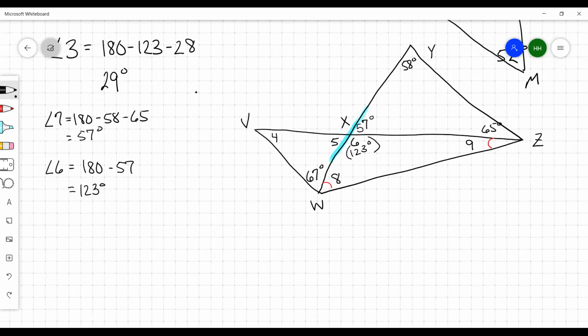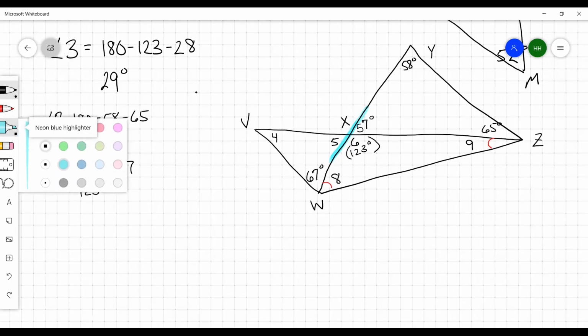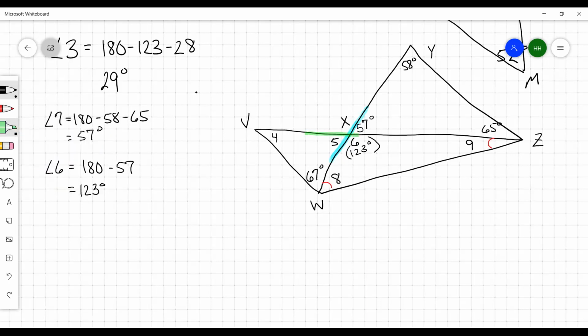Now, I see the same thing going a different direction. I see these two angles right here. This 123-degree angle and angle 5, they form a straight line, and they're adjacent to each other. They're a linear pair as well.